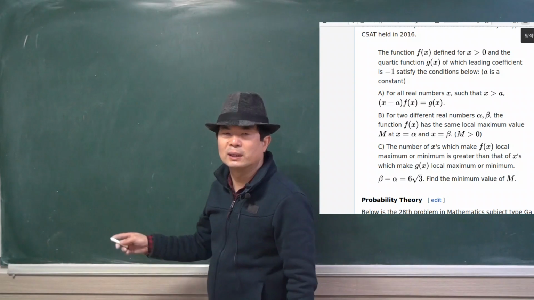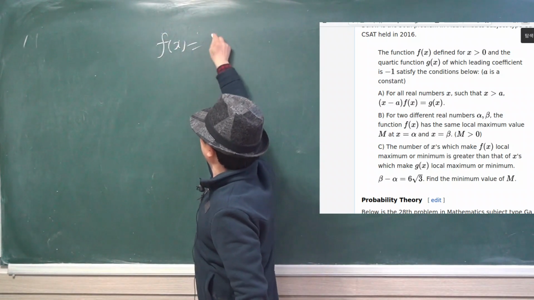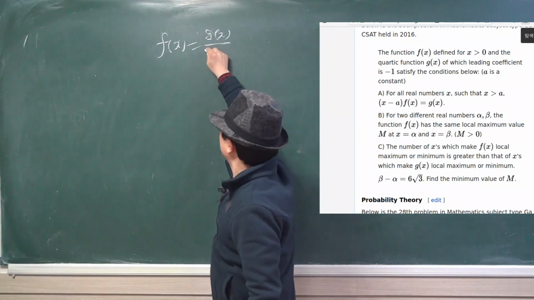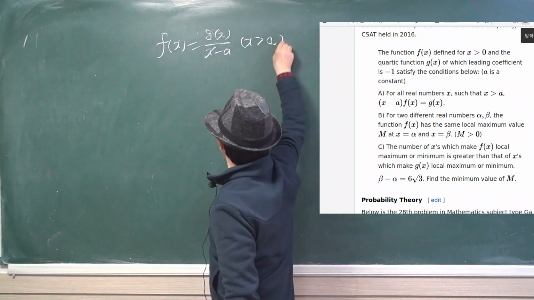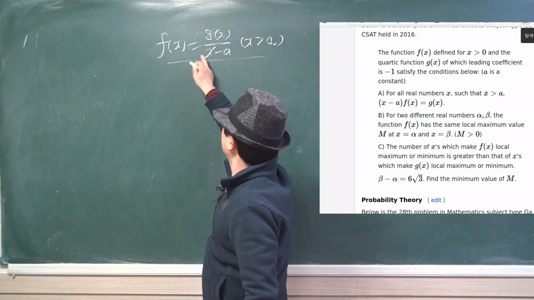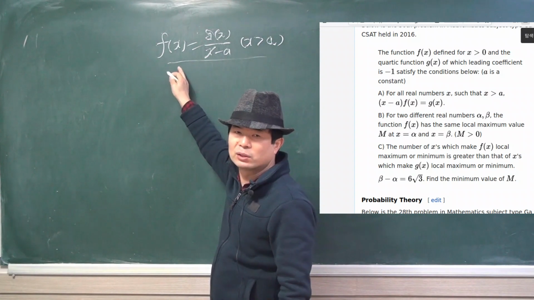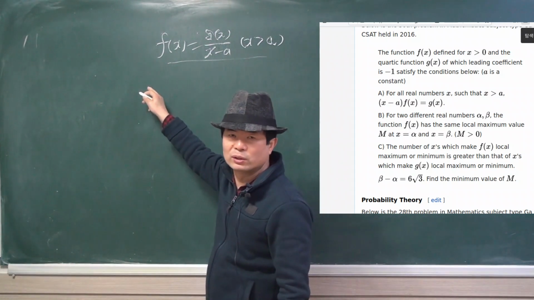The problem says two functions f(x) and g(x) are related like this, and f is defined by g(x) and x minus a as a fractional function, or rational function.